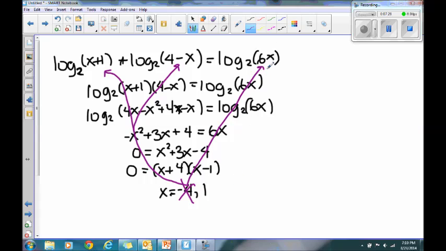It's not a number that I can use. If I take the 1 and do the same thing, plug it in all 3 places: 1 plus 1 is 2, 4 minus 1 is 3, 6 times 1 is 6. All of those are positive, which means the value x equals 1 is in my domain, and so it is my only solution for this equation.